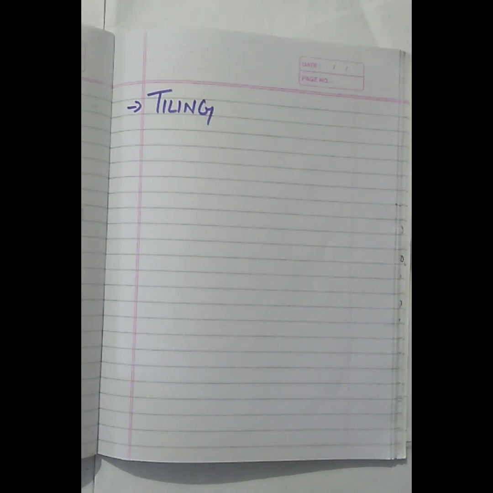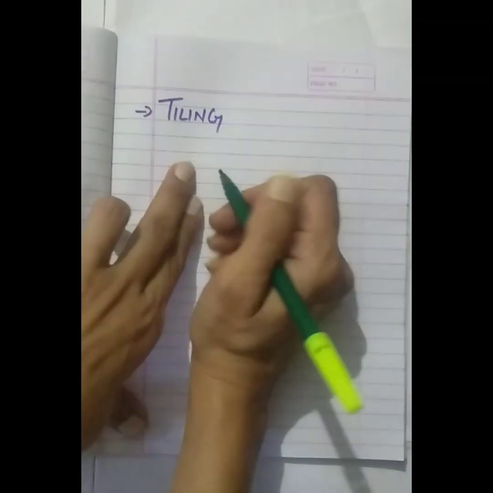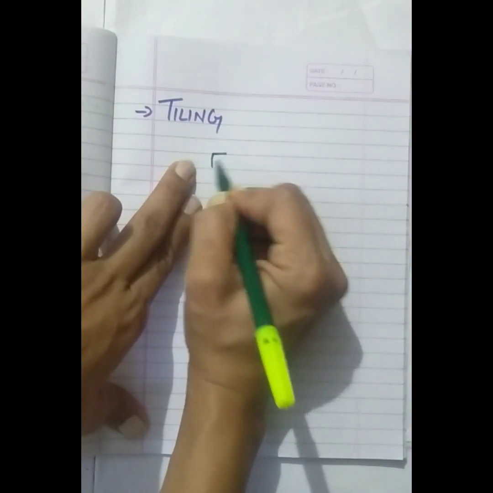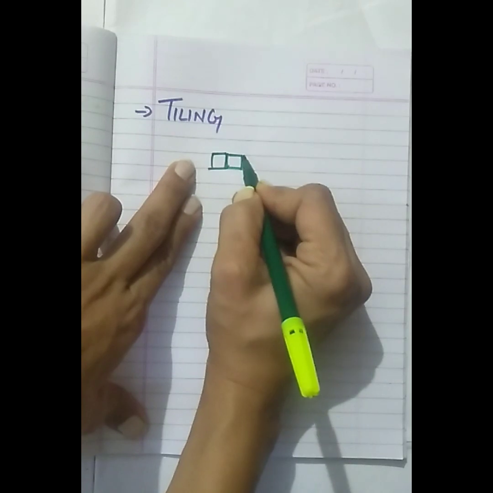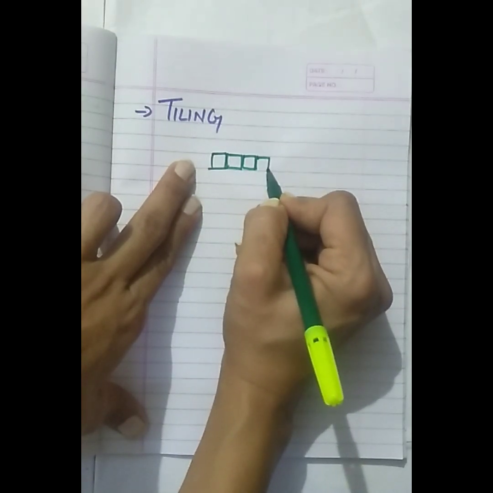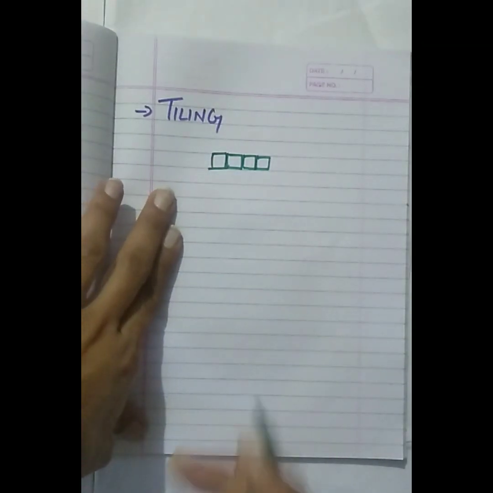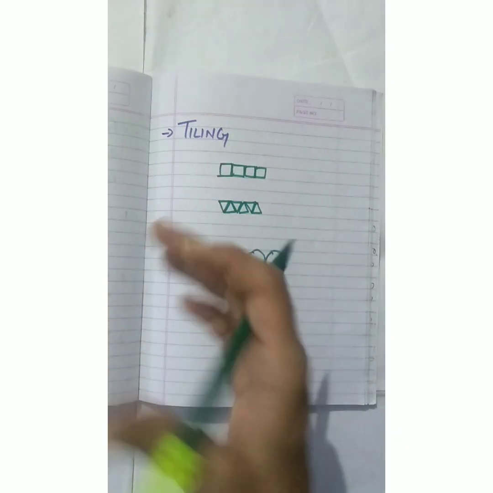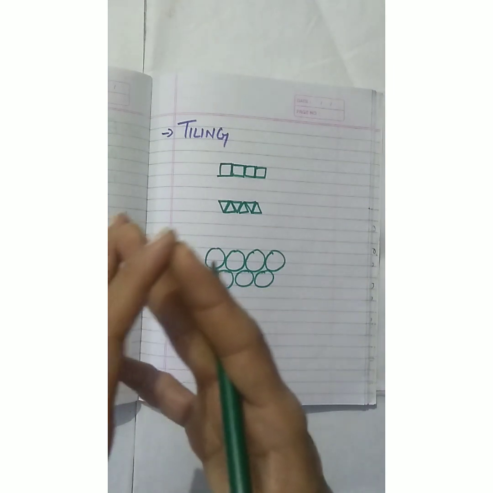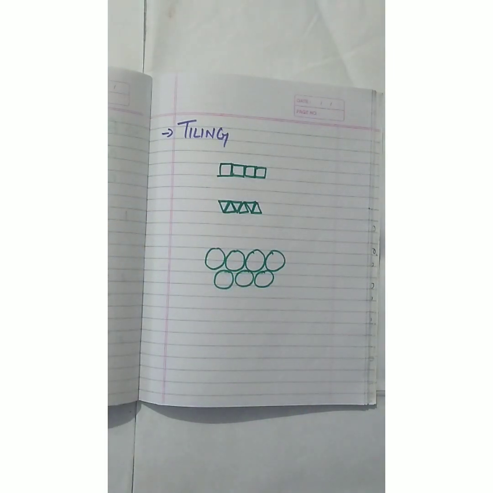The floor has been tiled with squares, or with rectangles, or even with triangles. If the tiling is done, there is no gap left in between. It is arranged in this way, and the complete flooring is covered. Only those shapes are used which can combine and leave no gaps in between. So that is what tiling is.